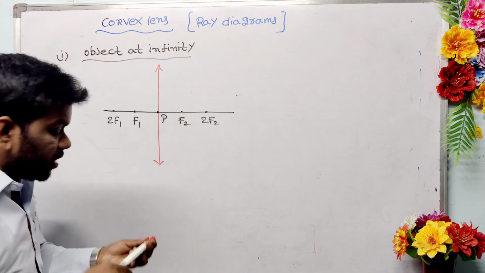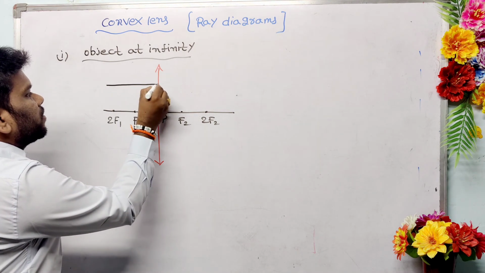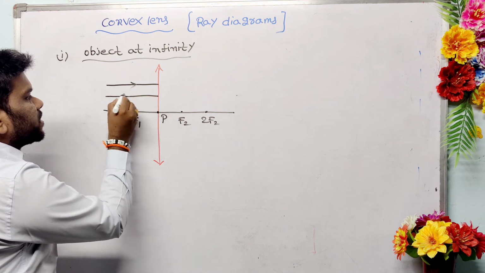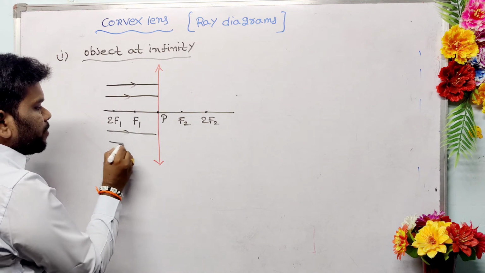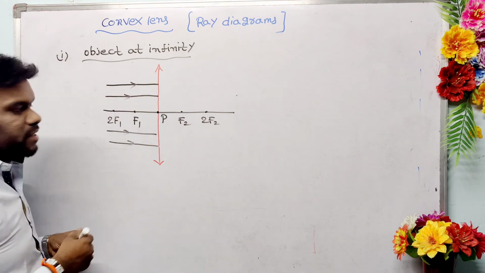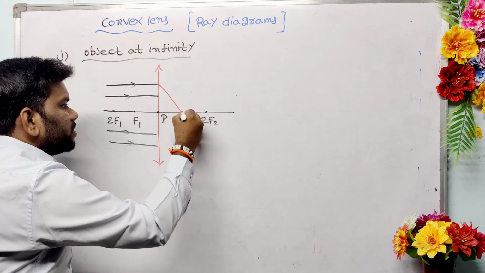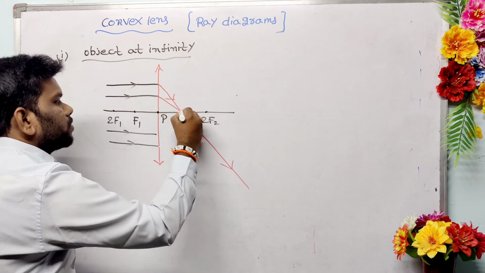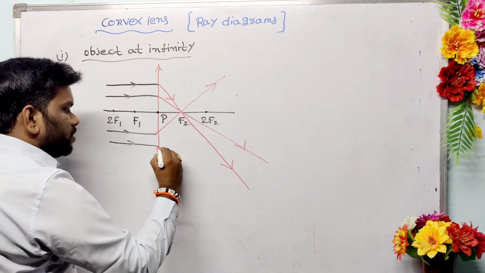Object at infinity. Let us start. First one, light rays are parallel, parallel to principal axis. Incident on this lens, after this it is like this.